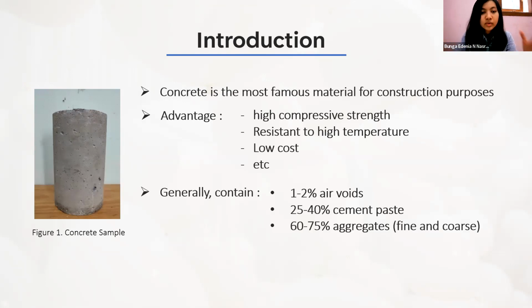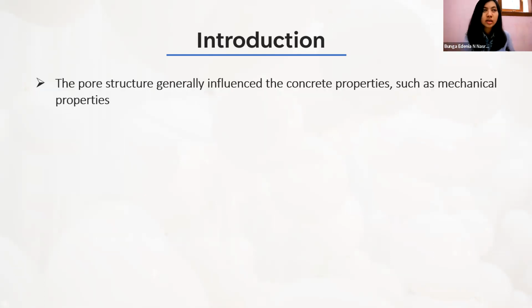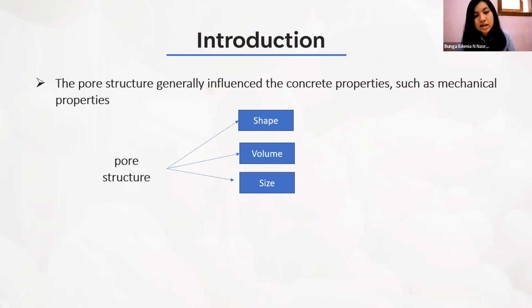And generally, concrete contains 1 to 2% air void, 25 to 40% cement paste, and 60 to 75% aggregates, which include fine and coarse aggregate. And so, as we know, the existence of pores greatly influences the mechanical properties of concrete, and this mechanical property is compressive strength. And this pore structure includes its shape, its volume, its size, and also its distribution.